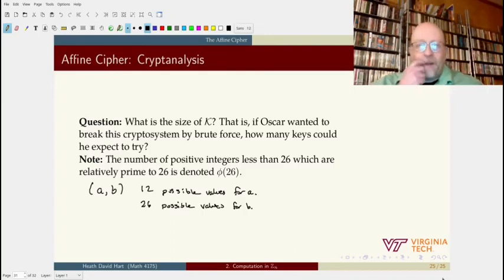And of the odd numbers, 13 is not relatively prime to 26 because they have a 13 in common. So that leaves 12 possible values for A. And so the number of keys that Oscar would have to try if he wanted to break this by brute force is 12 times 26, which is 312 keys. Okay.